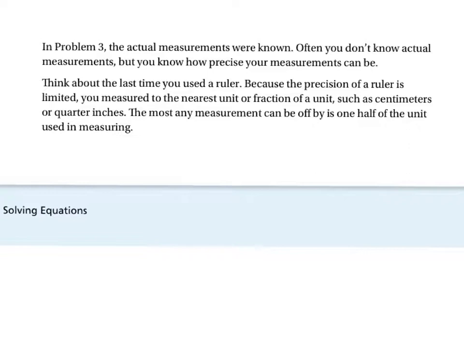The most any measurement can be off is by 1/2 of the unit used in measuring. So if we measure correctly, the most we'll be off is half of the unit. Like if we're measuring something that goes by centimeters, the most we should be off is 1/2 centimeter.